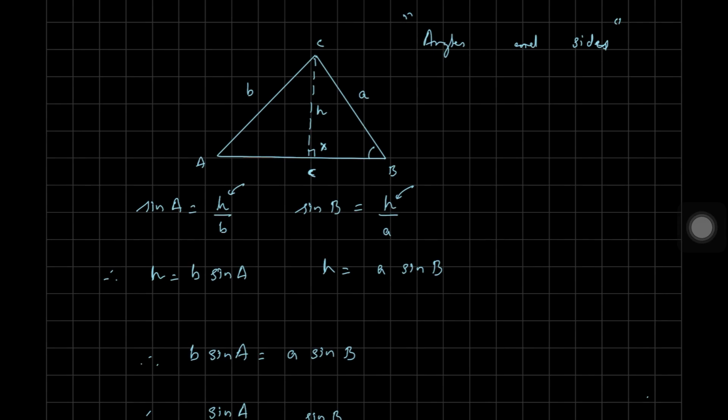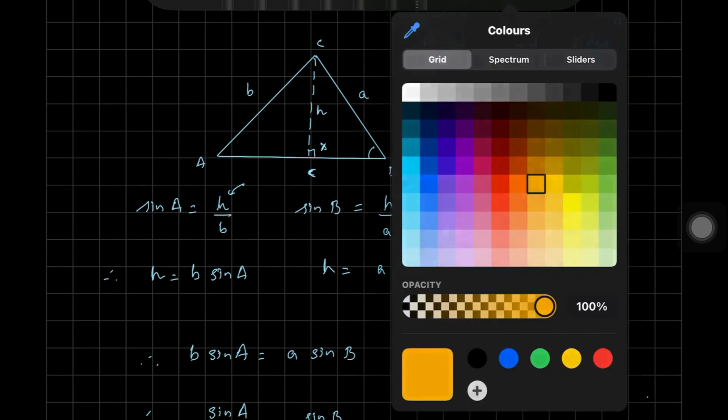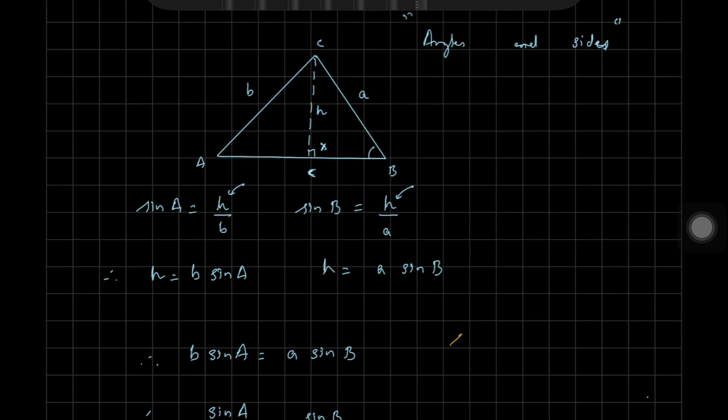Similarly, you could go ahead and prove that sine of B over b would be equal to sine of C over c. You can try this and see.